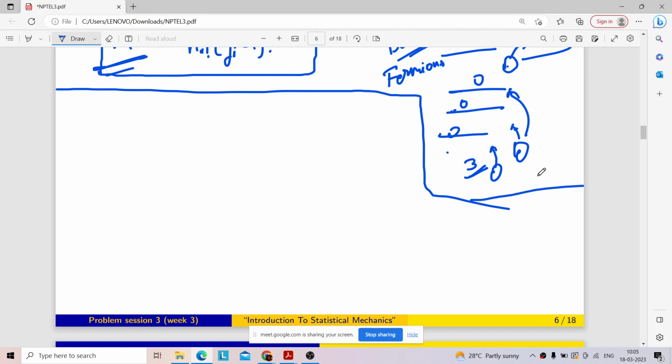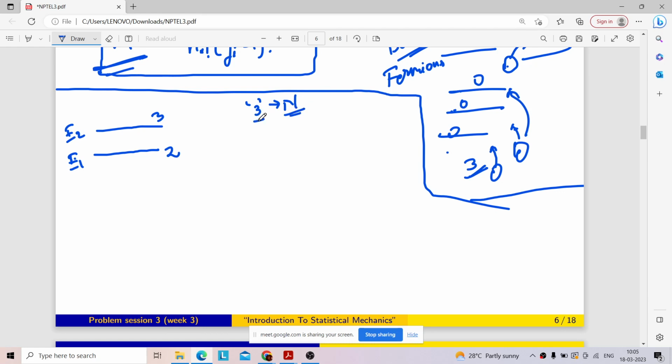Let's assume now there are two states with energy E1 and E2, and this state has degeneracy 2 and this state has degeneracy 3, and we have three particles.